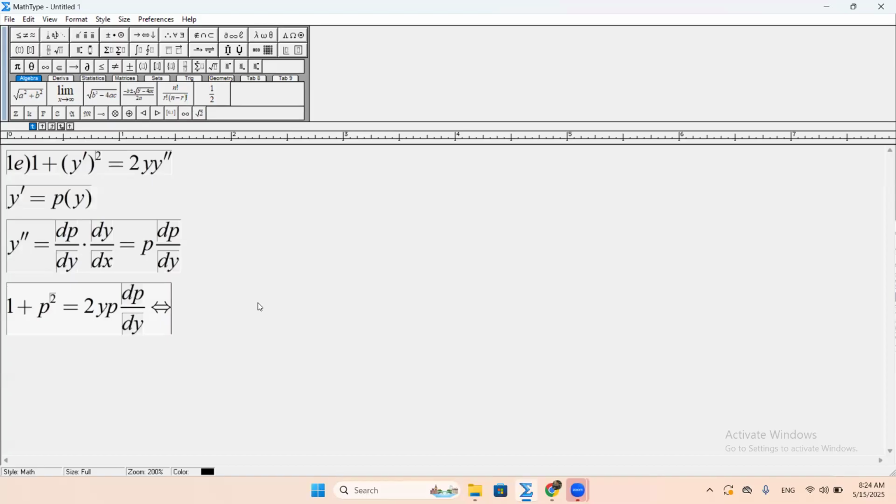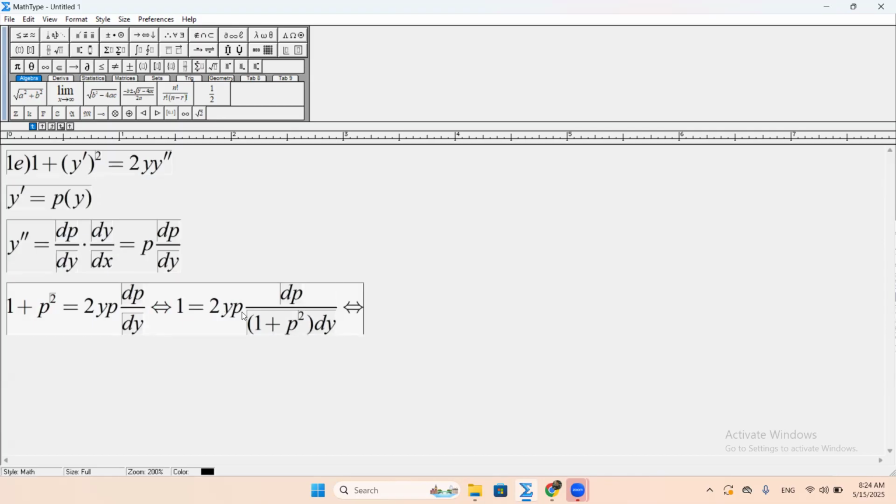First of all, moving this part to the right.